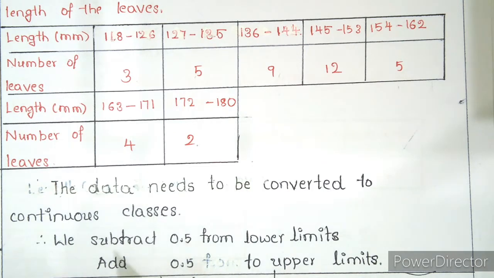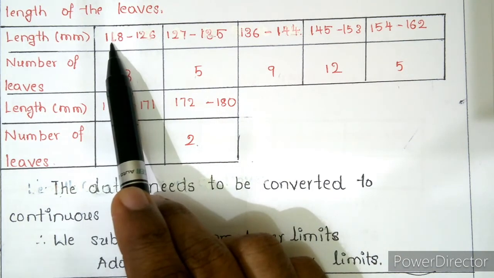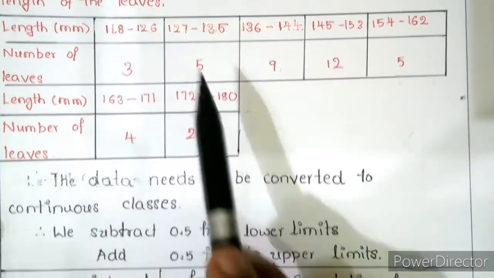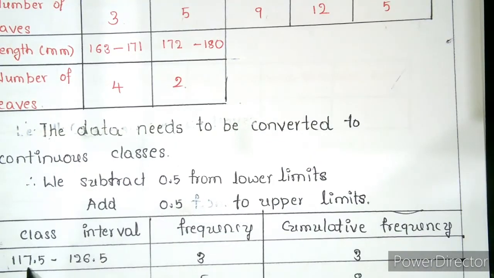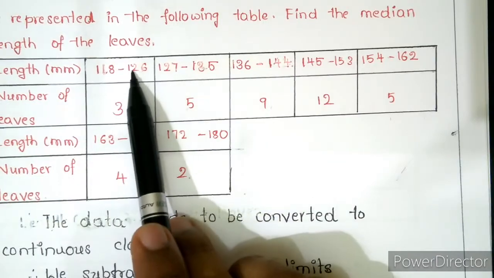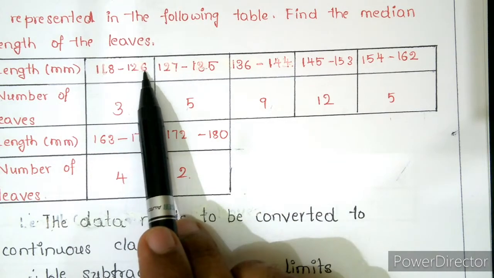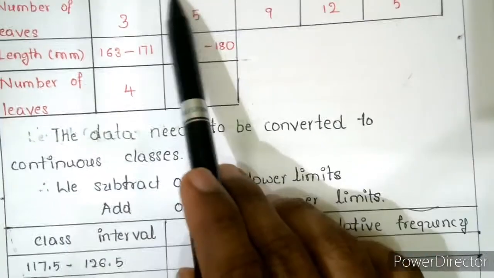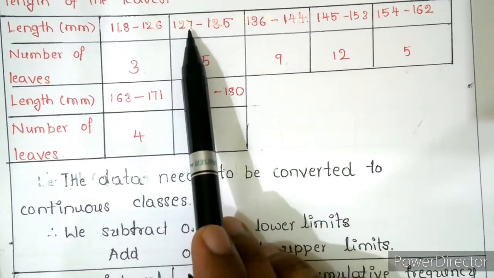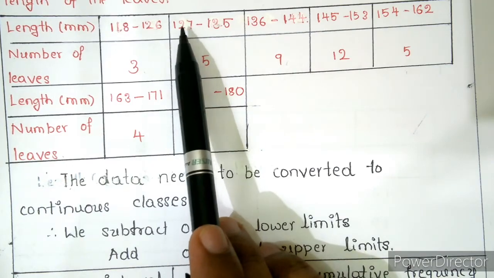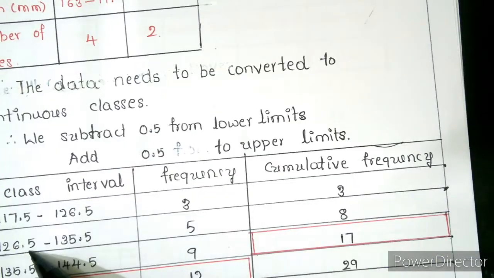So when you subtract 0.5 from this one, you get 117.5, and when you add 0.5 to the upper limit, you get 126.5. When you subtract 0.5 from 127, you get 126.5.